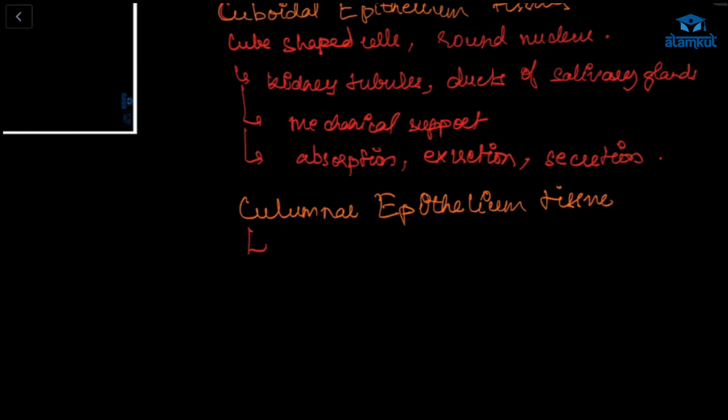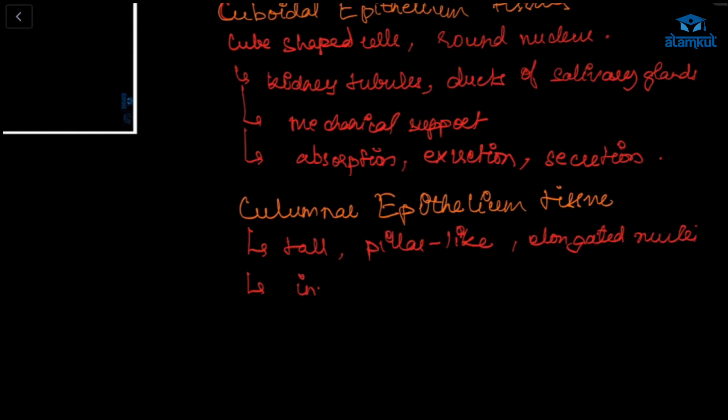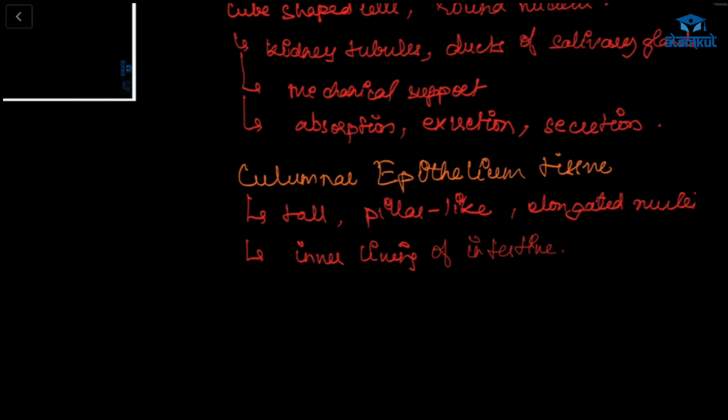So they are tall, pillar-like, and how was the nucleus? It was an elongated nucleus. And where is this present? This is present in the inner lining of the intestine. You know the intestine, right? Small intestine and large intestine.